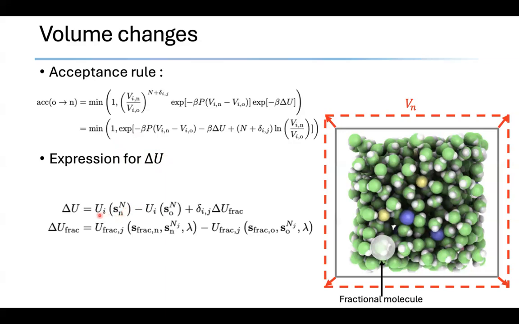As a result, you end up with this expression for delta U. Now, plugging in the new volume and also the delta U due to this change in relative distance between the molecules, you can once again calculate the exponential of this entire term here, and you can determine whether you accept or reject the move.